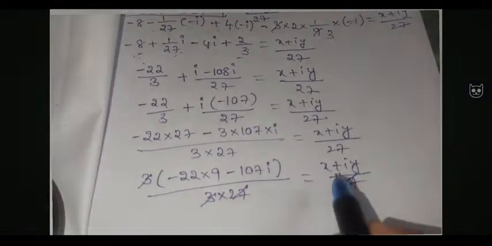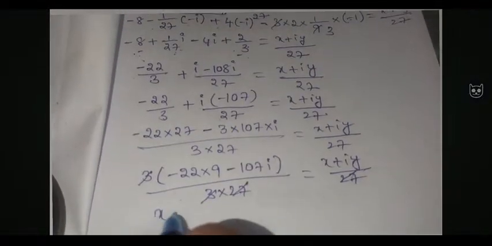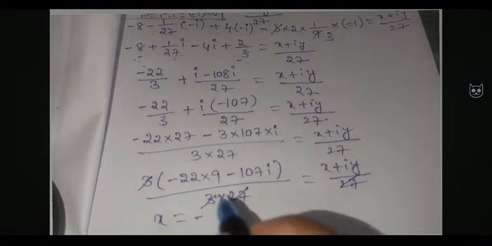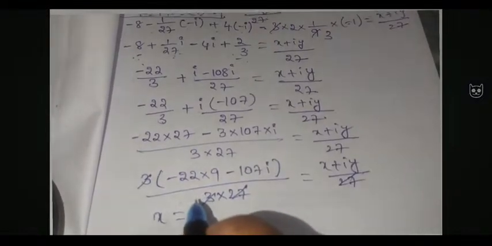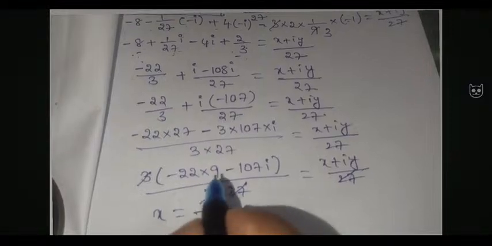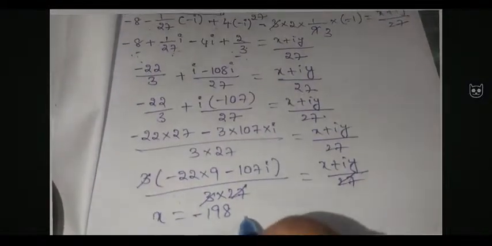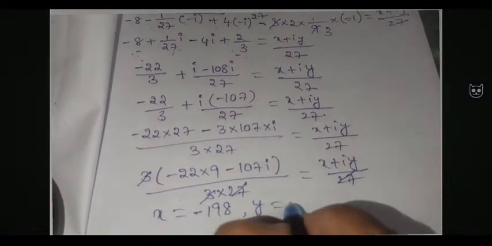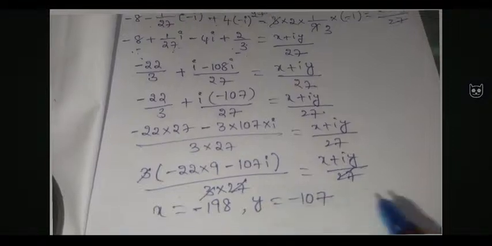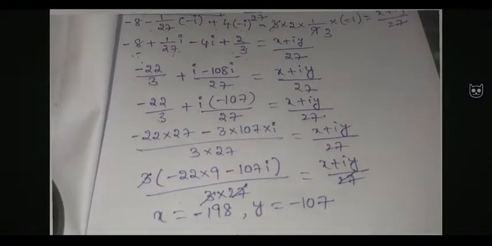Then write the x and y values. Here x and y are both real numbers. So x is minus 22 into 9, which is minus 198. And y is minus 107. Now we want y minus x.